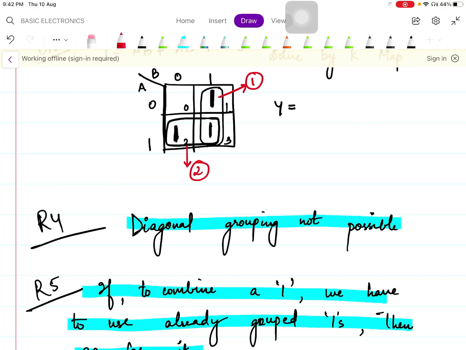So from A, nothing will come, and from the B part, B will come because this is the column where the whole group is lying. Now for writing the answer for the next group, I'll first of all put a plus in between. Then for the second group, from A, it will come A, and from B, nothing will come. So the answer will be Y is equal to A plus B.